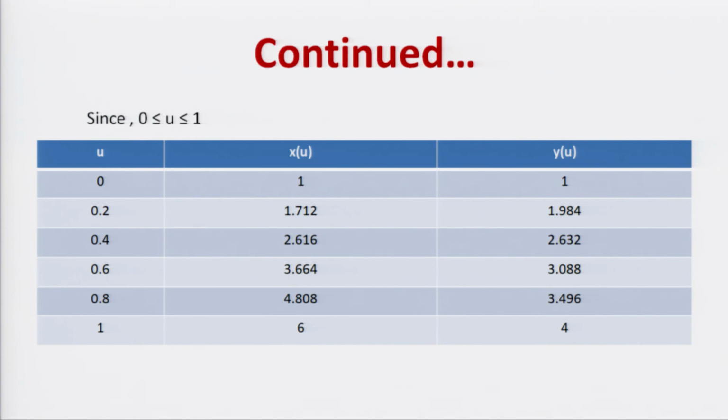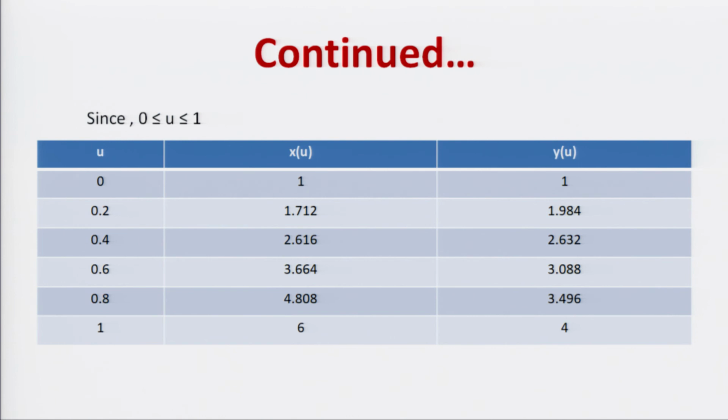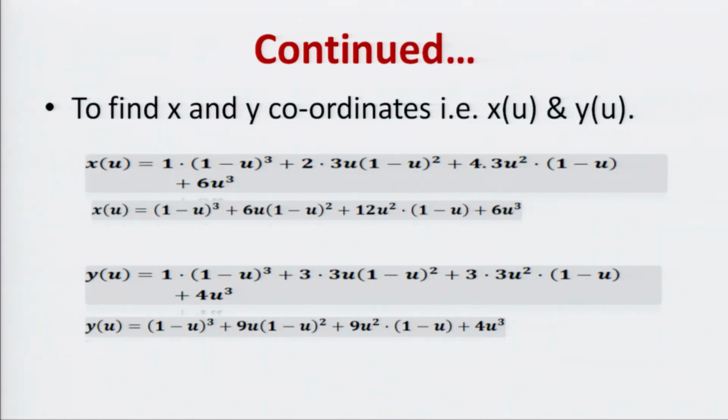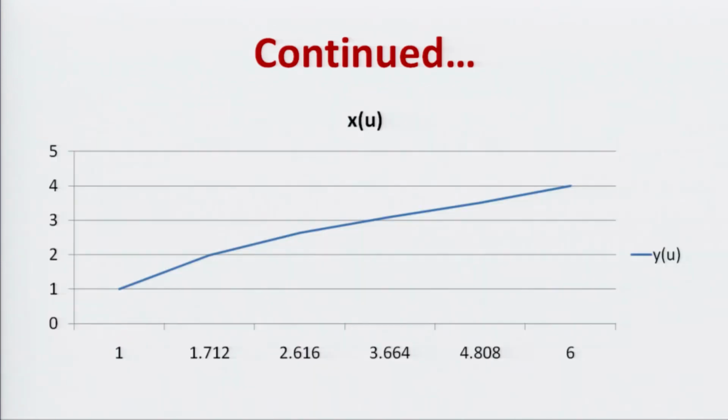So now we plot the graph. Here we can see 1 comma 1 first point, and then 6 comma 4. This was the starting and ending point, but now we check whether the intermediate points were part of this or not. Intermediate points were 2 comma 3 and 4 comma 3. Let's check out.